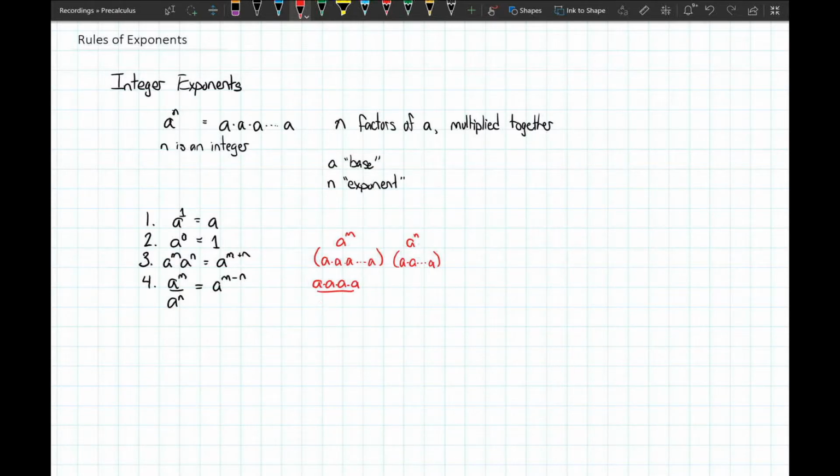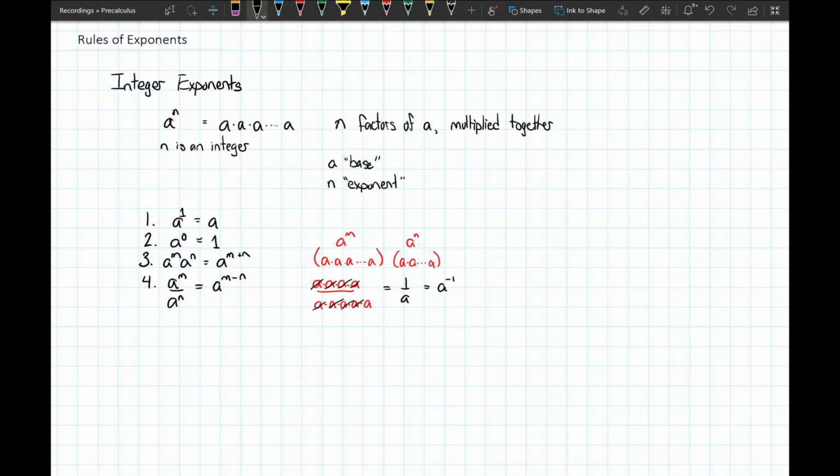And if I have a times a times a times a times a, that's a to the 5 on the bottom, then I can start canceling common factors. And this ends up being 1 over a as the result. And we'll see that this is actually equal to a to the minus 1 if we subtract 4 minus 5. We'll deal with those negative exponents in a few of these rules coming up as well.